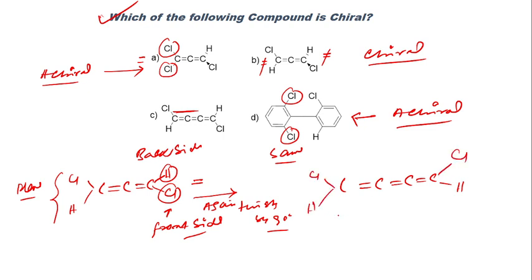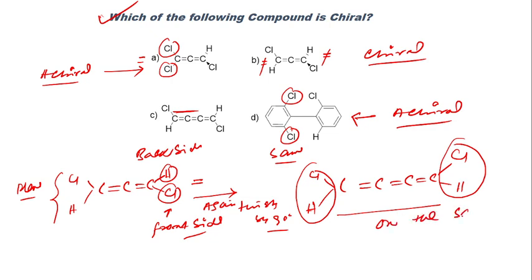Cl, H. These two substituents and these two substituents are on the same plane. That plane is nothing but the screen. So this molecule behaves as alkene-like.